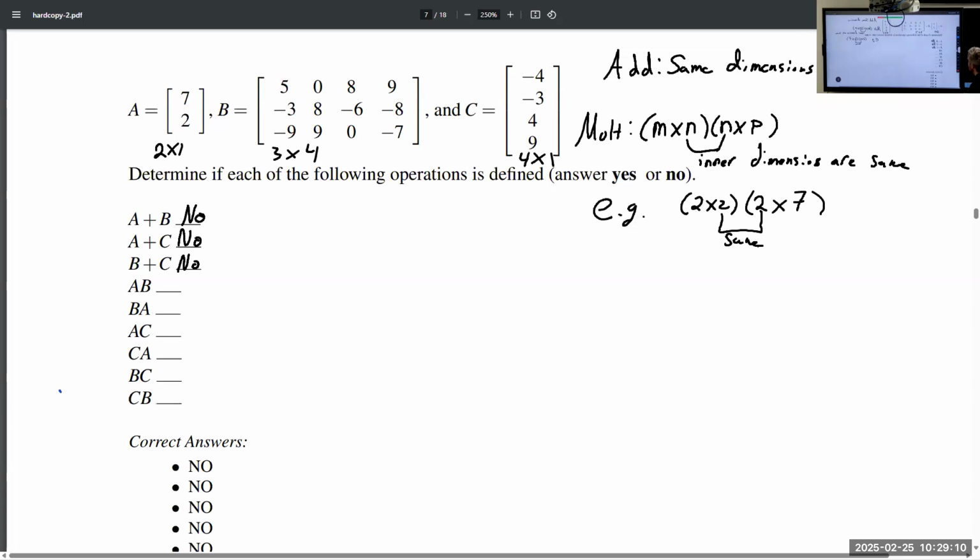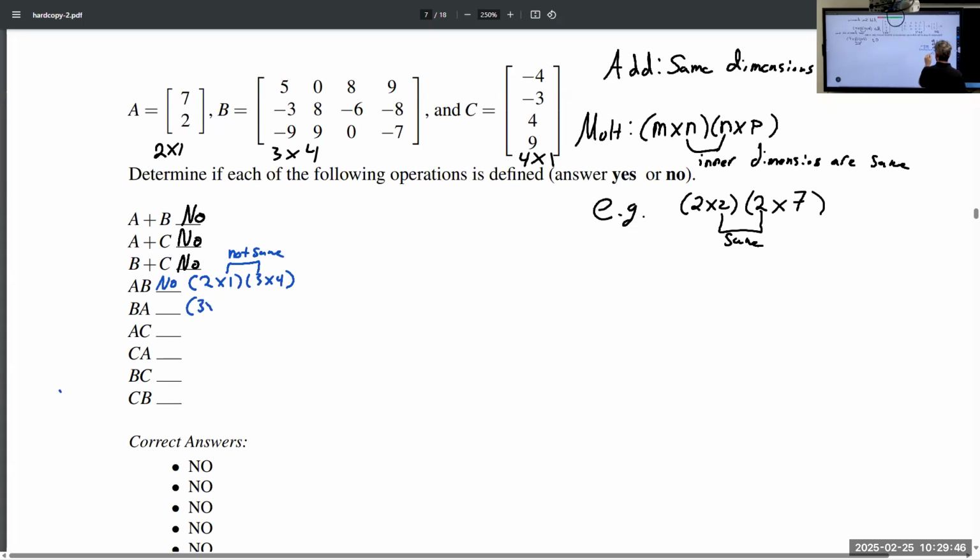Is there a combination where we could multiply them? Again, the inner dimensions have to be the same for multiplication. Otherwise, it doesn't work. So with AB, we have 2 by 1, and B is 3 by 4. These are not the same. So my answer is no. Okay, it asks for BA.